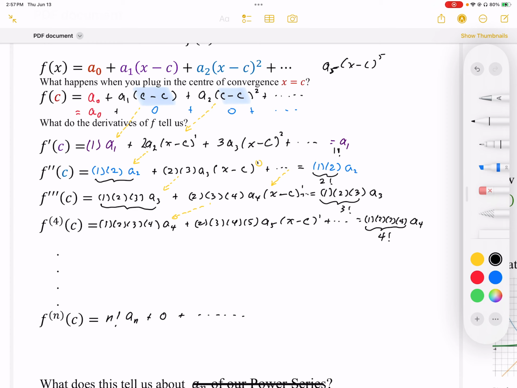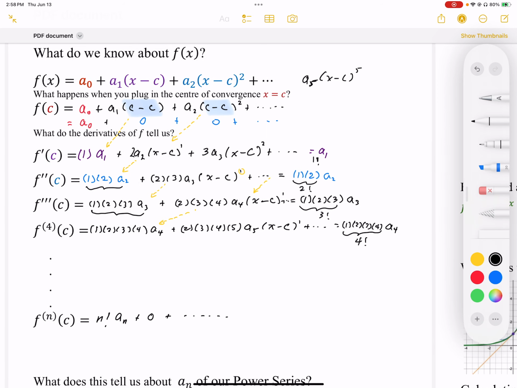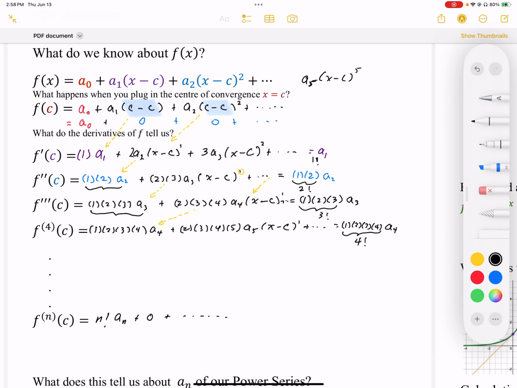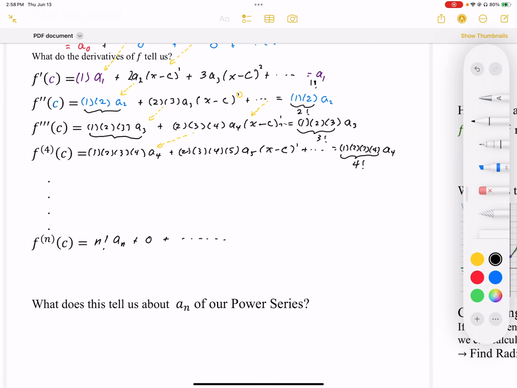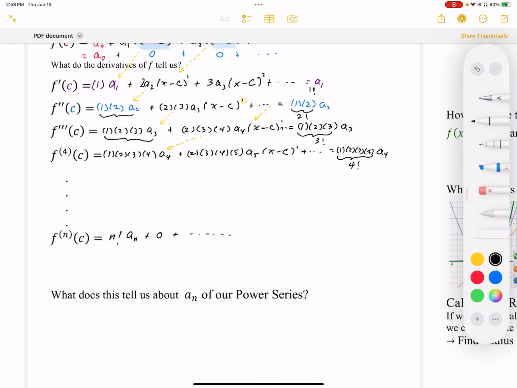We can see then that we can find out some information about our series by looking at the derivatives, and by doing that, we have expressions for a0, a1, a2, and we can come up with every single a term in that series. Well, what does that tell us about the an term in general of our power series? Well, we could take this nth expression and solve for an.